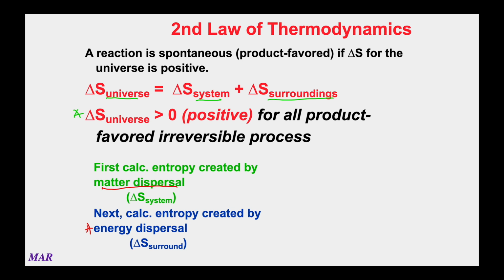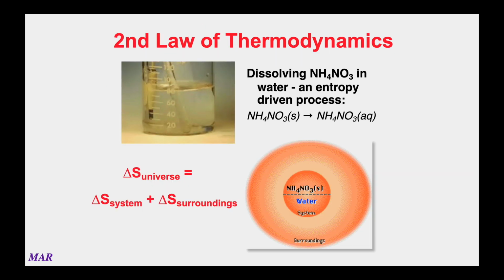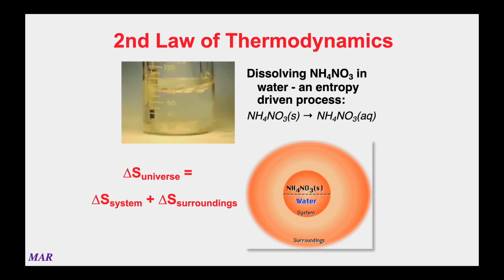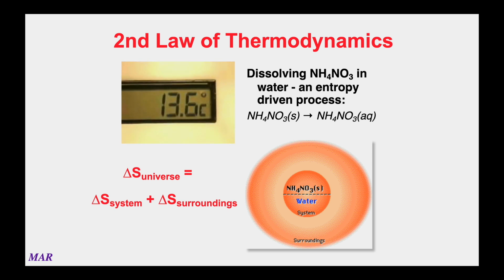They want to know if sodium chloride reacts with silver nitrate, all right? Or if potassium hydroxide reacts with hydrochloric acid. Those are the kind of questions that scientists would love to be able to answer, and this is their key to finding that out. When we dissolve ammonium nitrate in water, the dissolution is an endothermic process. The temperature of the solution decreases over the course of the reaction. The reaction, though not favored energetically, is favored by entropy.